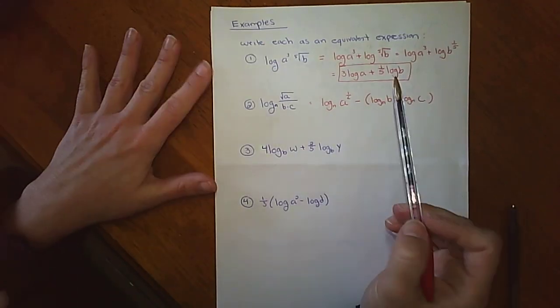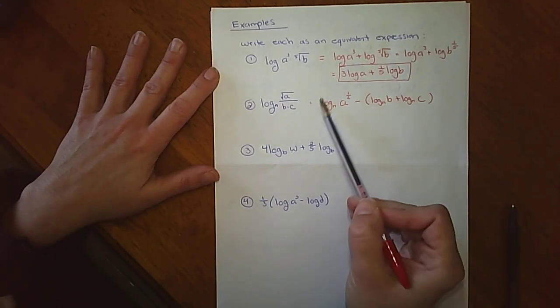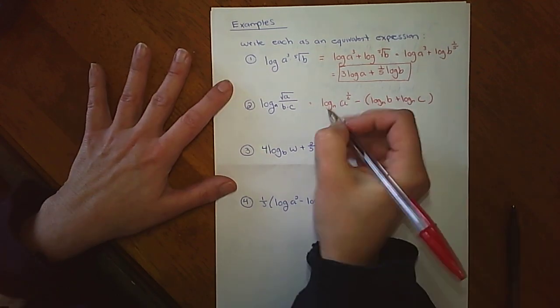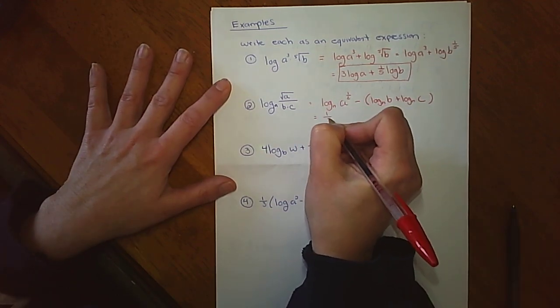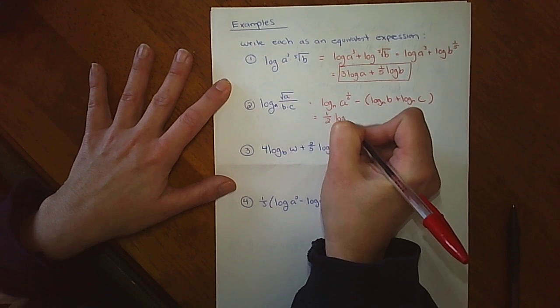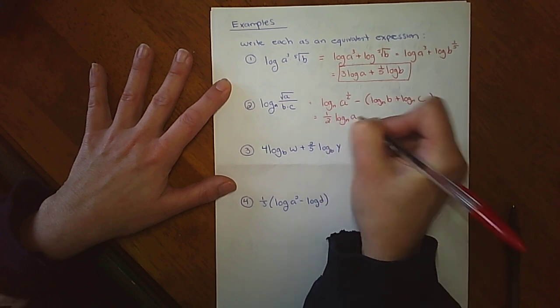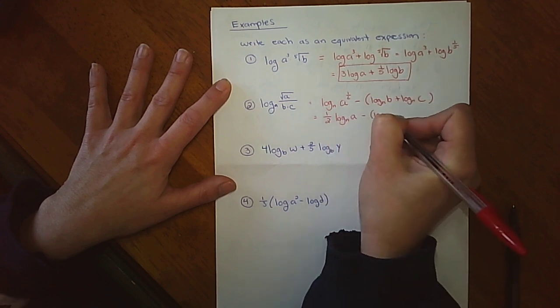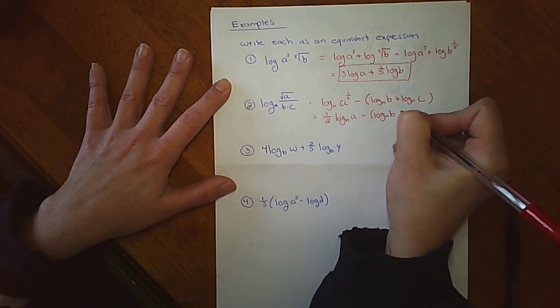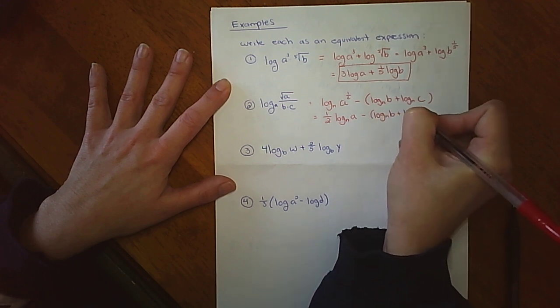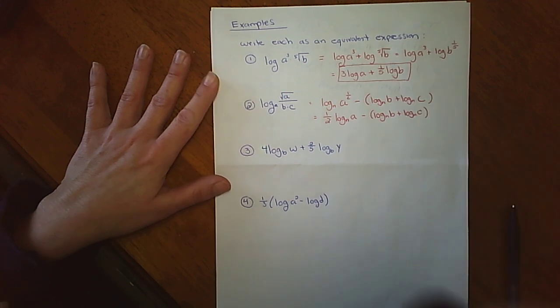One last step, any exponents want to fall down in front, so this guy right here. So this answer will become 1/2 log base n a minus log base n b plus log base n c.